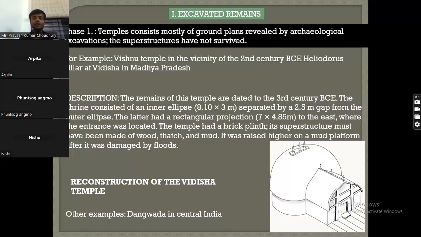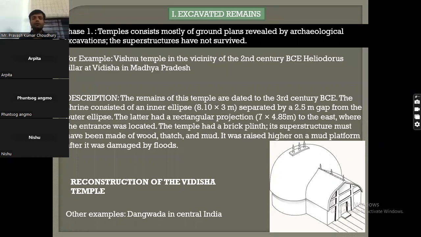So in the case of this temple plinth, which has been found at Vidisha, going back to the second or third century BCE, it is believed there was a thatched and wooden superstructure on that platform. Because the entire temple is raised on a mud platform, this is how the earliest remain of temple architecture begins our discussion in the architectural history of the Indian subcontinent.